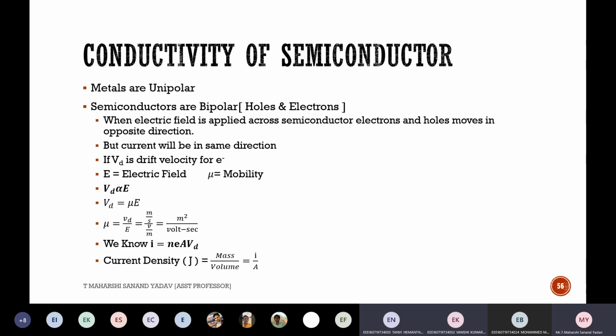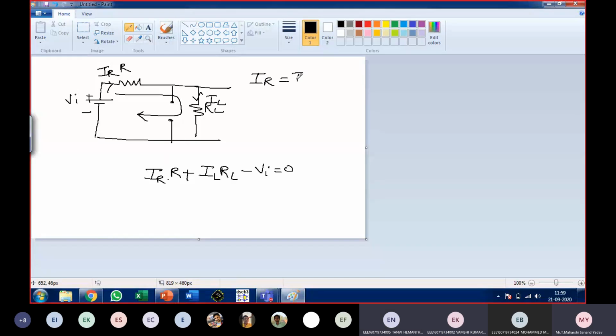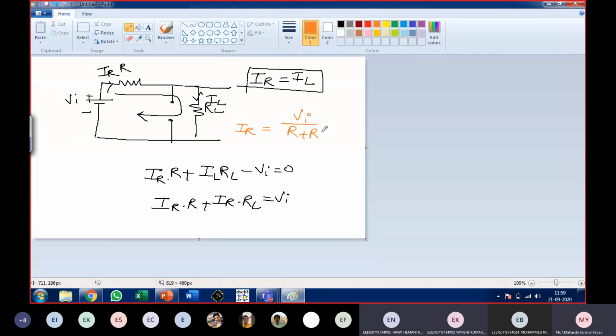Here within this KVL, are both the currents the same or different? Yes, sir, both are the same. So simply I'm replacing it. IR into R plus IR into RL is equal to Vi. If I take IR as common, I'll get it as Vi by R plus RL.